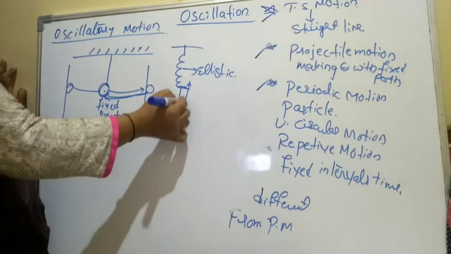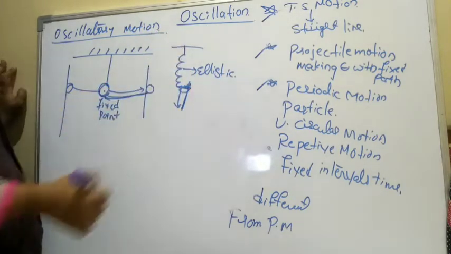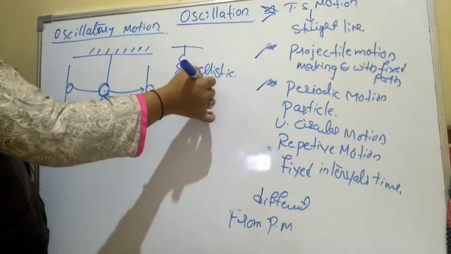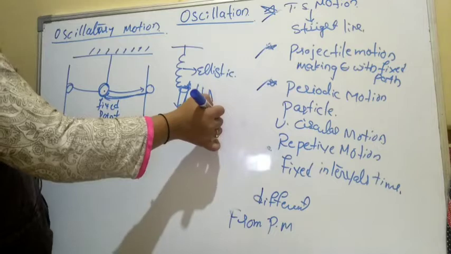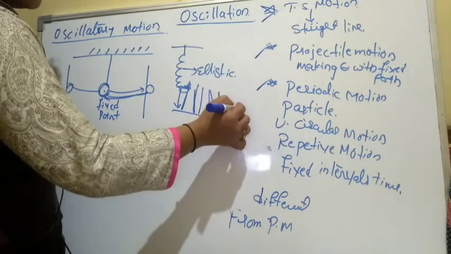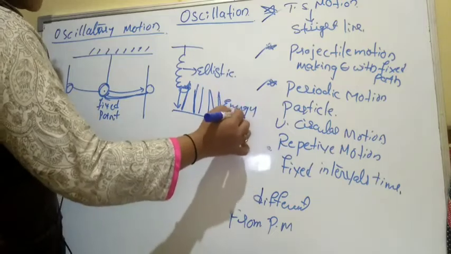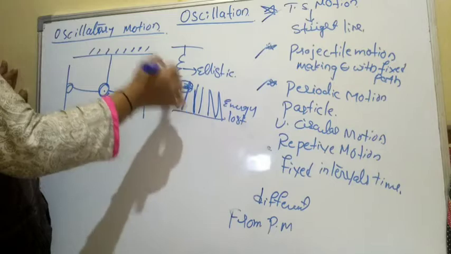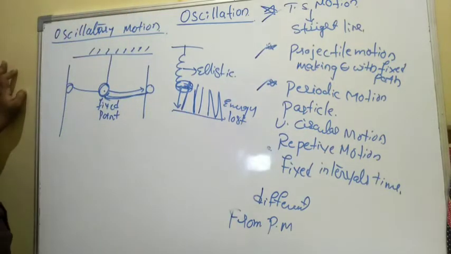That doesn't mean that it goes there and gets fixed. It will try to go up, down, up, down, until its energy is lost. When energy is lost by doing this process, at that time it will come back to its original position where it started the journey.